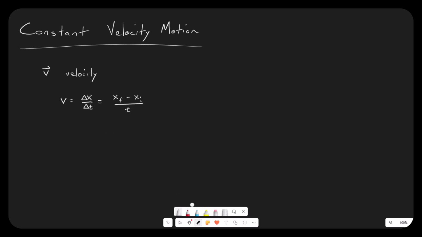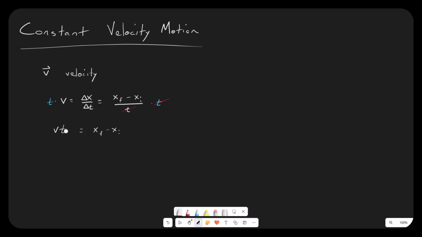If I multiply both sides by t, then the left side becomes vt and the right side becomes x final minus x initial, because the t on the bottom and the t on the top cancel.